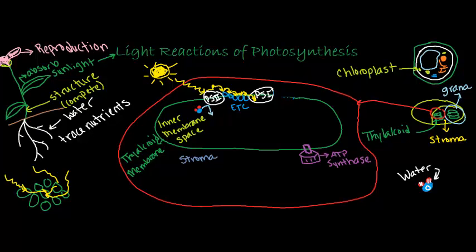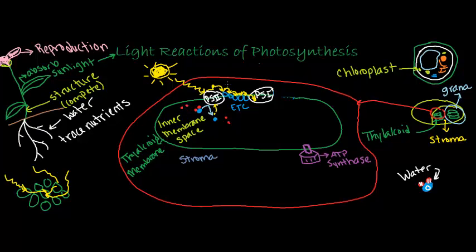And so you'll end up with the little H+ ions, or just a proton, because remember there's only one proton and one electron in hydrogen, and once you take away its electron, it's just a little proton floating around. You'll have 2 protons left, and you will also have an oxygen. An electron, that little yellow dot there, is released and goes into the photosystem, replacing the one lost from the reaction center.